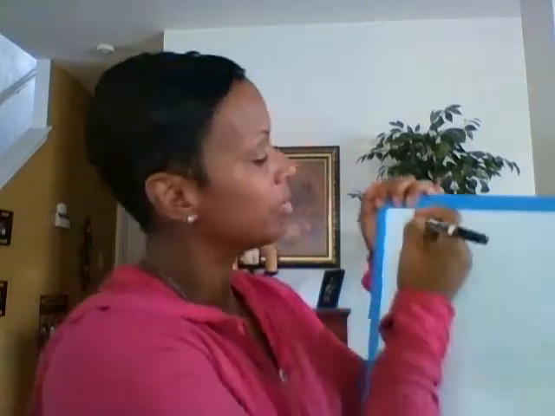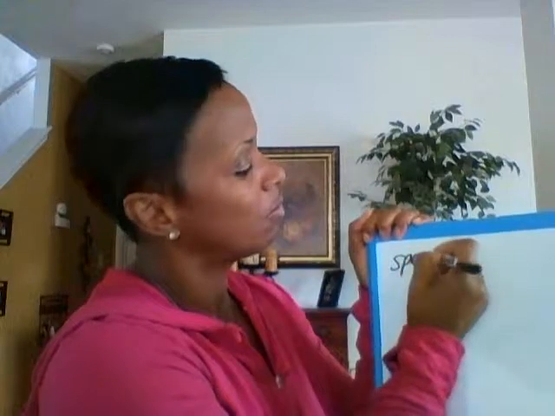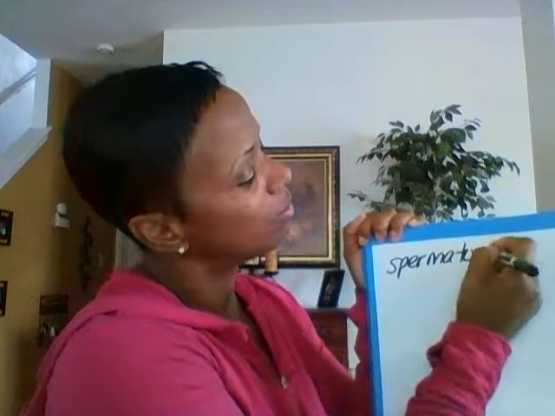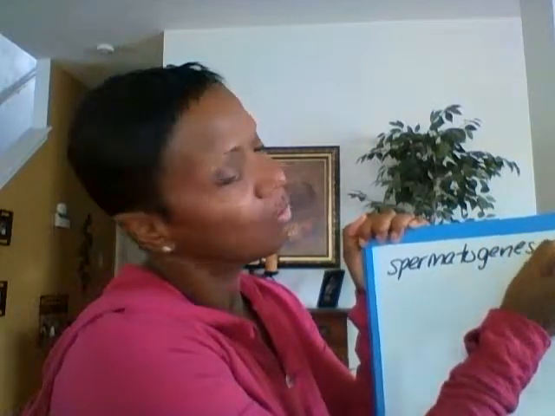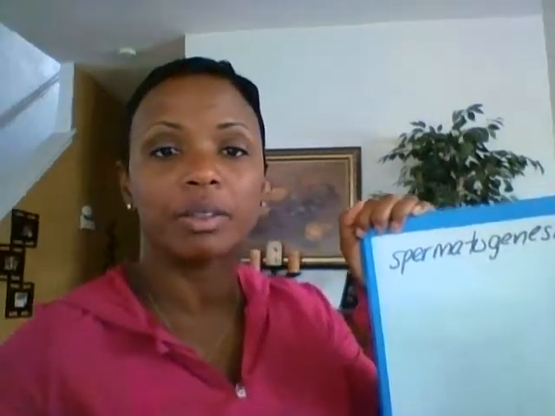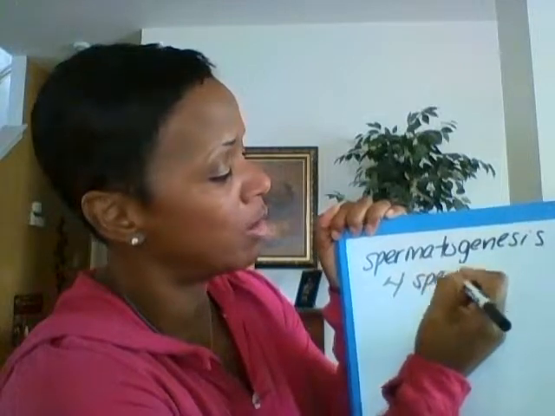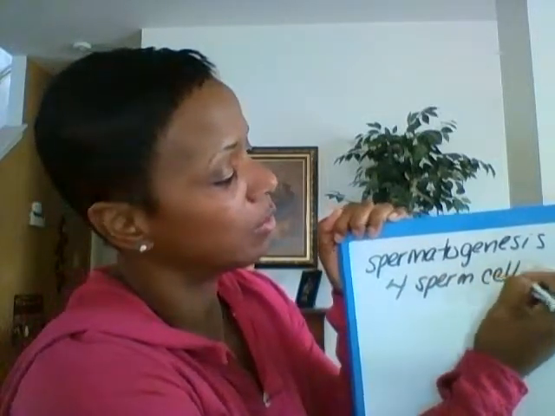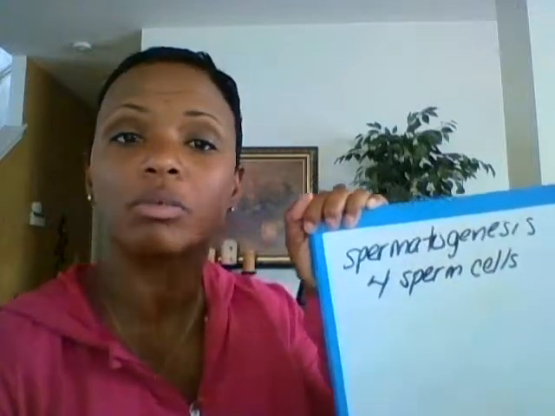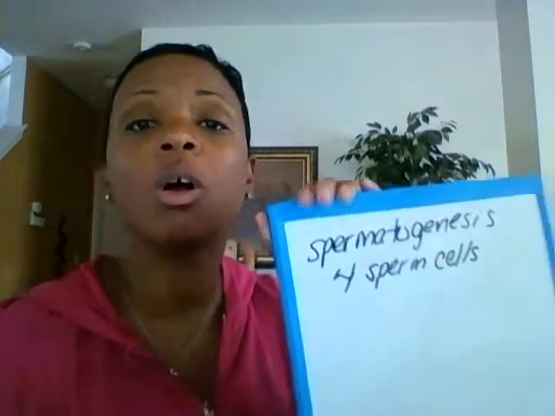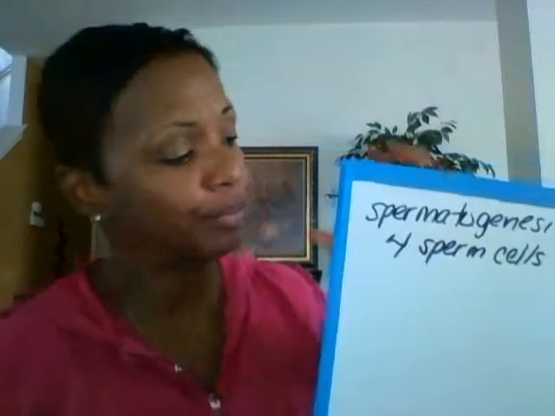The end product of spermatogenesis, which is the form of meiosis in the male, results in 4 sperm cells, or spermatozoa. You might see it in the textbook as spermatids, same thing.